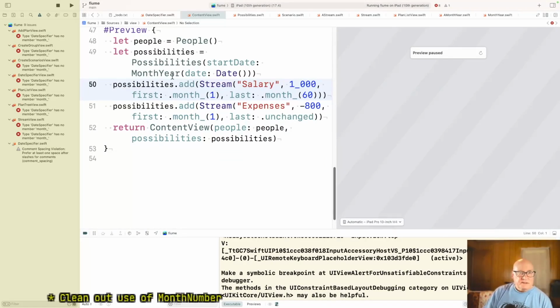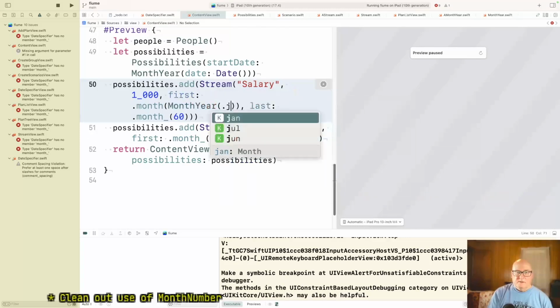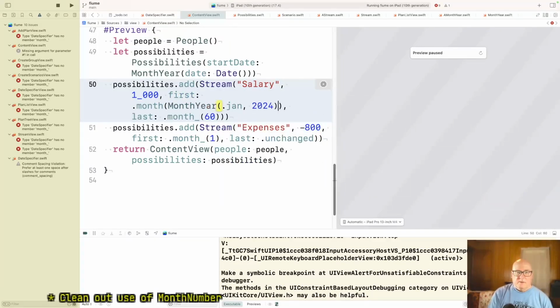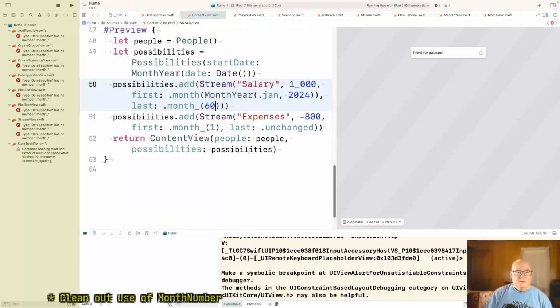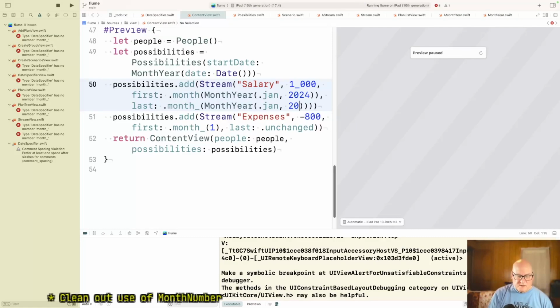Yeah, so I think a test like this, we want to switch it over to the month year type. Okay, so month, and then let's say month year, January 2024 to month year, January 2020. 60 months is 5 years, 29.